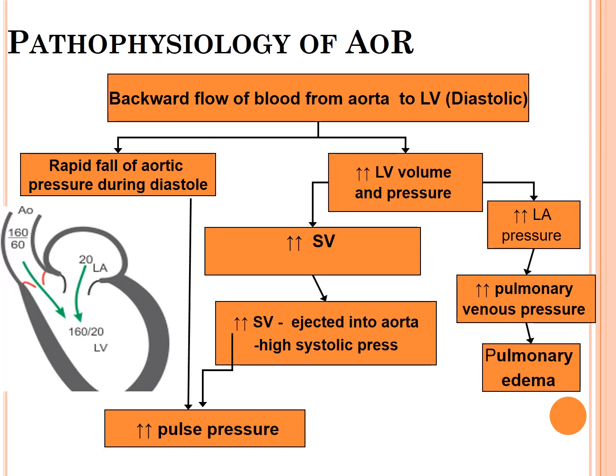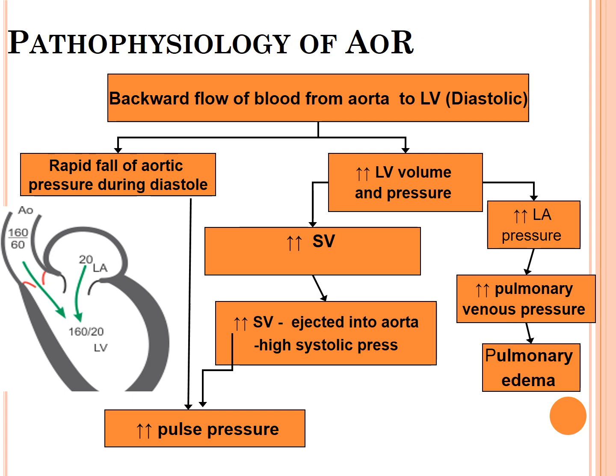The same thing I am just trying to show in a flow chart. If you see, there is a backflow of blood from the aorta to the left ventricle during diastole, and there is rapid fall of aortic pressure during diastole, because blood is flowing both forward and backward. So when there is an increased left ventricular volume and pressure, it has two effects.